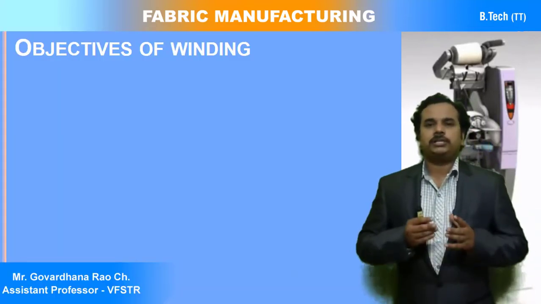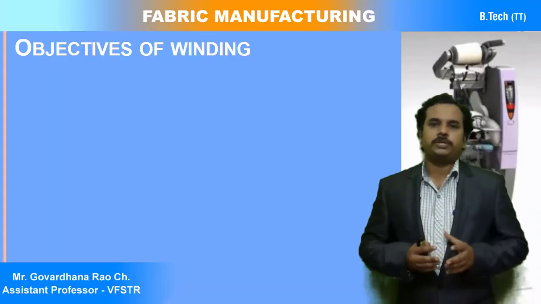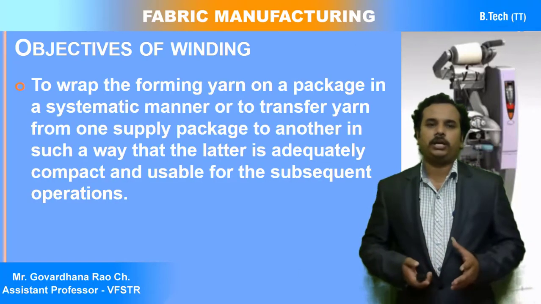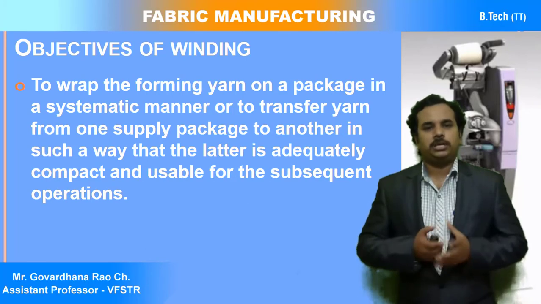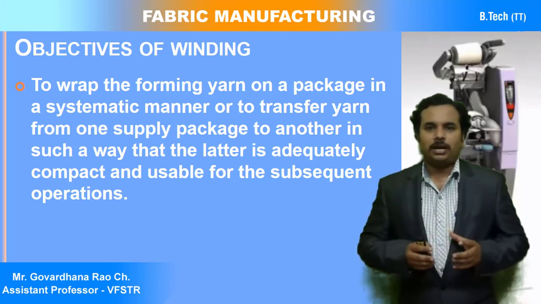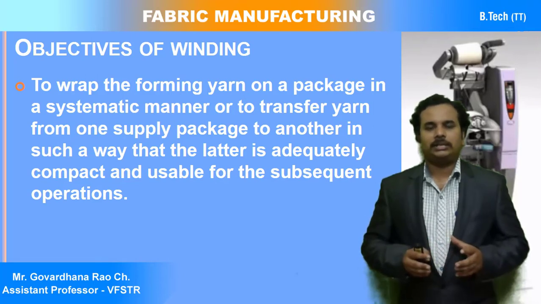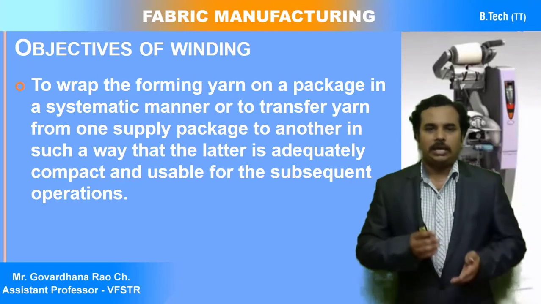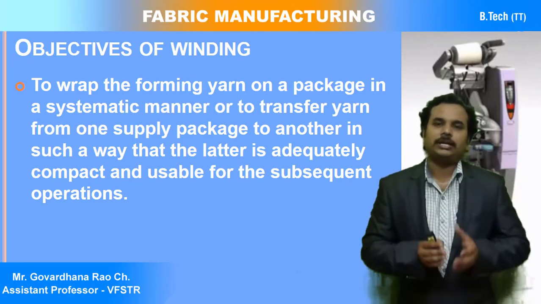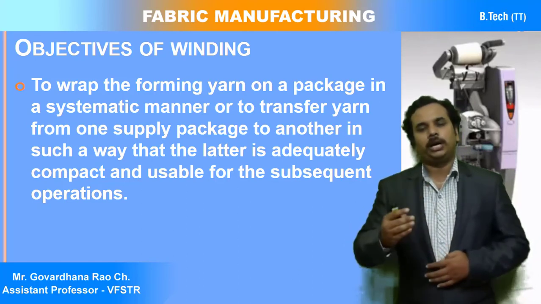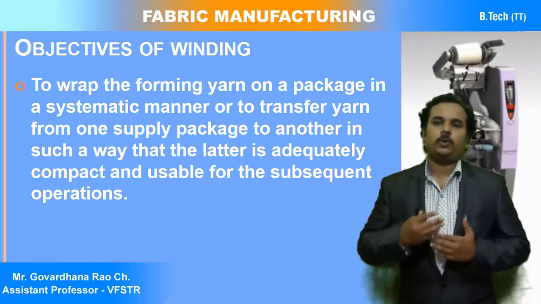Now we will look at the objectives of winding. The main objectives of winding are, first, the conversion of smaller packages like ring cops to a larger package, that is the cone.